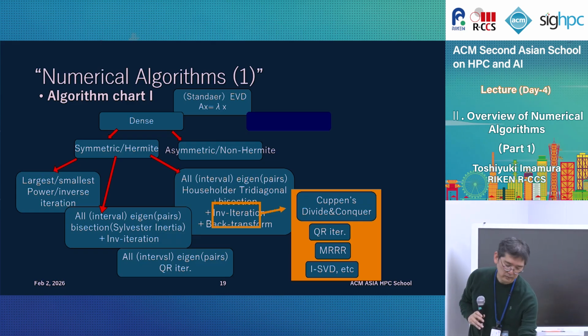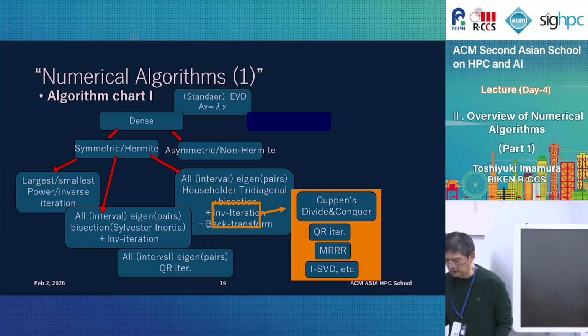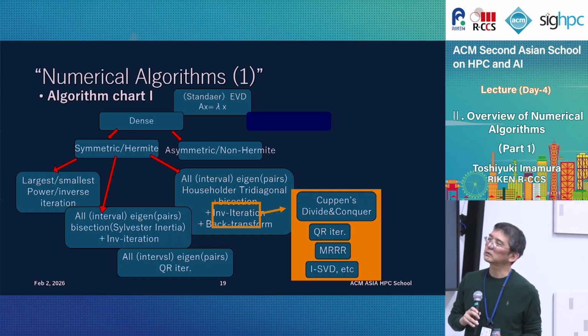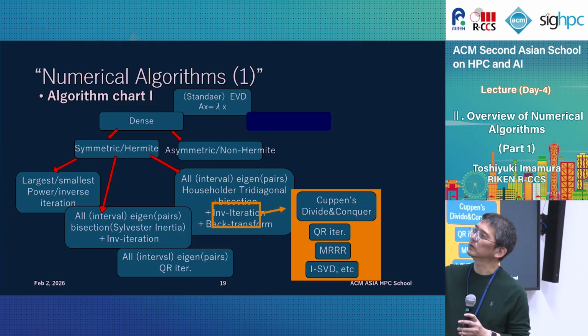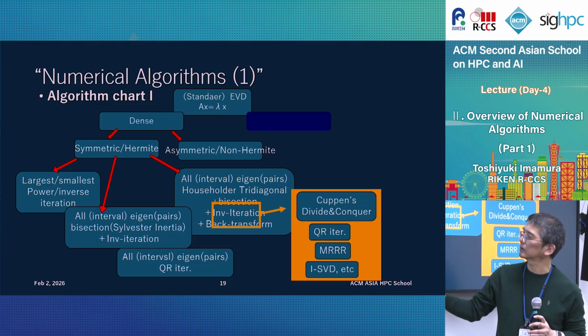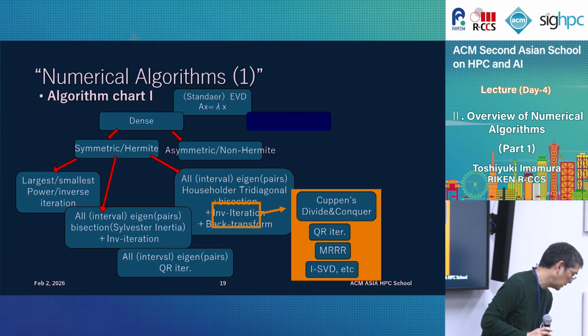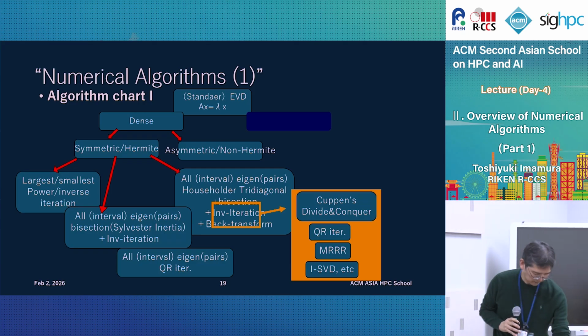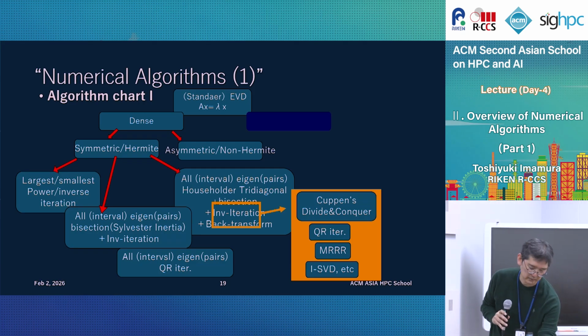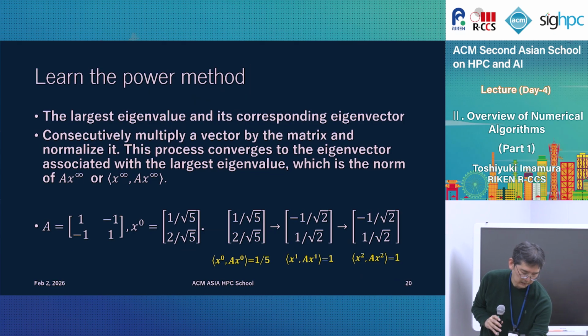So the library or software package selects the appropriate algorithm internally. But this time, I only show the very fundamental techniques, the power method and the QR iteration, in this lecture and in the hands-on after the lunch break.